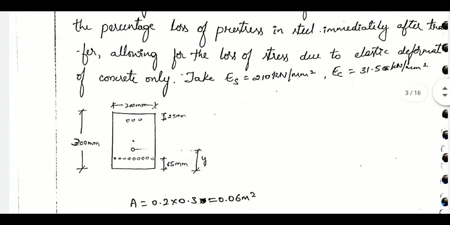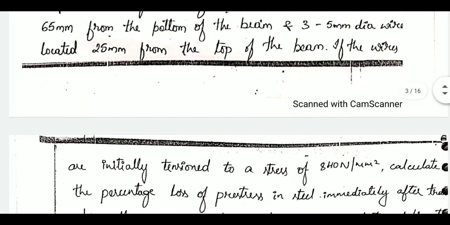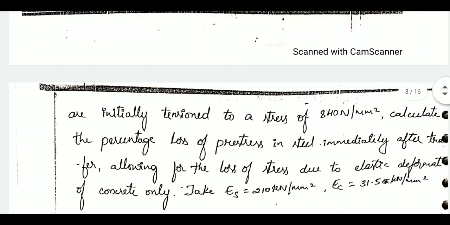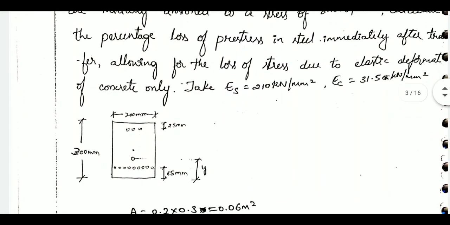So at the bottom we have 15 number of wires and 3 number of 5 mm diameter wires located at 25 mm from the top of the beam. So you can see at top we have 3 wires and at bottom we have 15 wires. So in this case, we have 2 layers of wires, one at the top and one at the bottom.